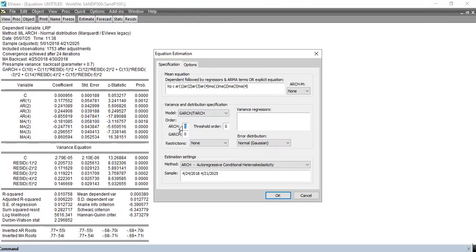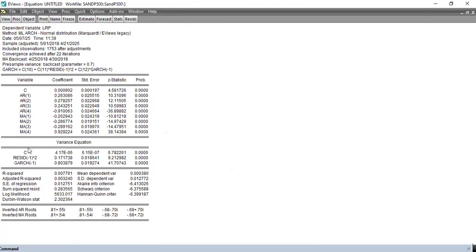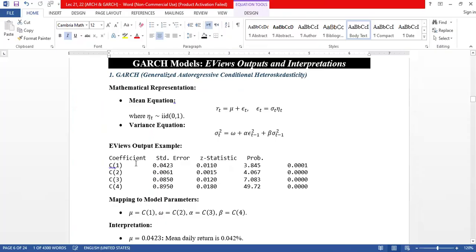We'll go for GARCH. So put here ARCH 1 and GARCH 1. Options same. Okay, let's see what we have in the GARCH effect. Now we have this coefficient for ARCH and this for GARCH. Both are significant and all our estimates are also significant.